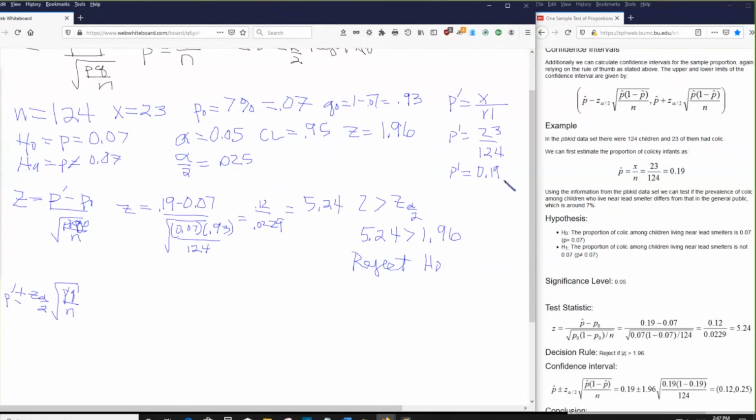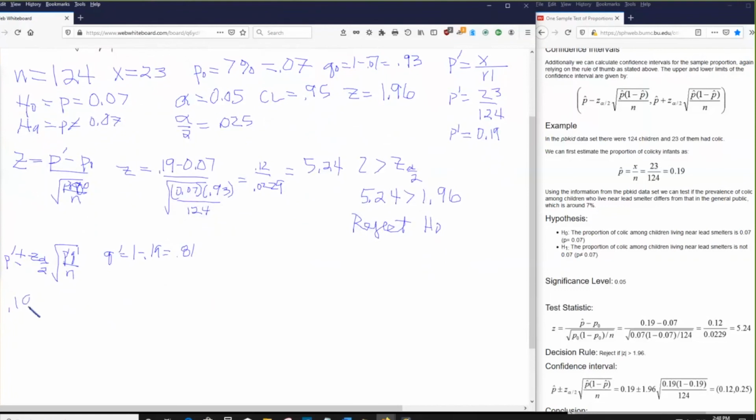So I've got P prime equals 0.19. That means my Q prime is going to be 1 minus 0.19, which equals 0.81.